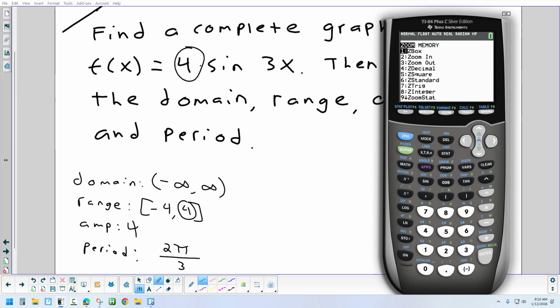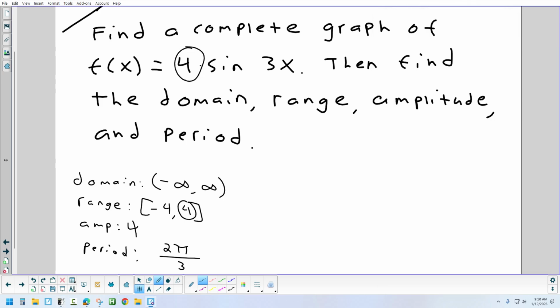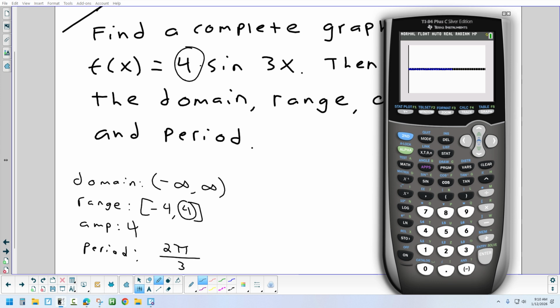So square is good if you want things to look proportional, but that would not be good for a trig function. I don't even know if we would get a picture that you would see. It's just going to look like kind of a straight line. Zoom 6 also is not going to look that good here.